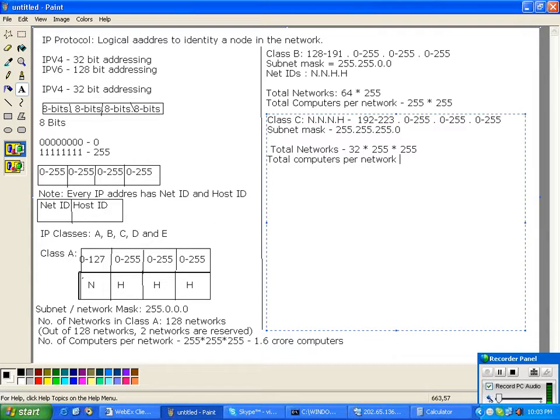Total computers per network. You can tell me now. How many computers per network? 255 computers per network.